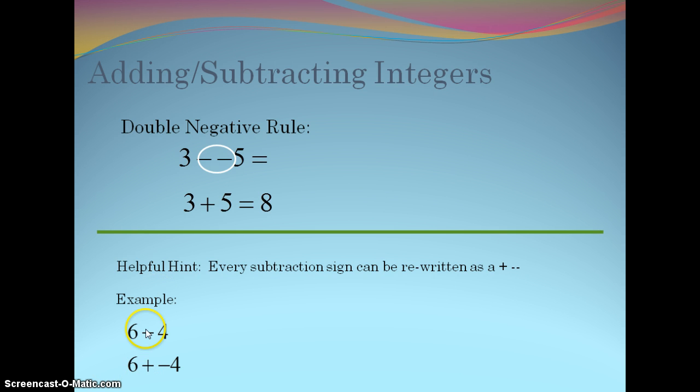So 6 minus 4 becomes 6 plus negative 4. You're just adding a positive and a negative number. Negative 6 minus 4. You can rewrite that as negative 6 plus negative 4. And then it becomes familiar. You're just adding two negative numbers. 10 minus 3. You can rewrite as 10 plus negative 3. Once again, following the rules from the previous slide, it just becomes adding a positive and a negative number.